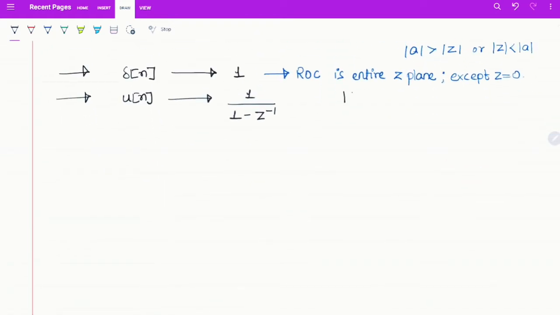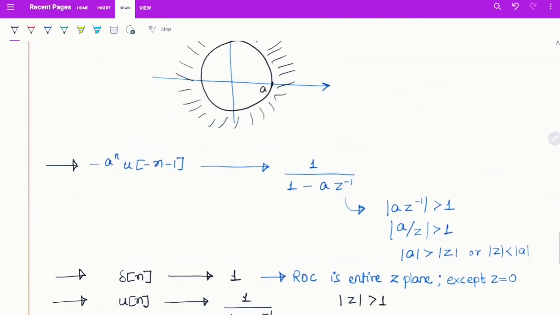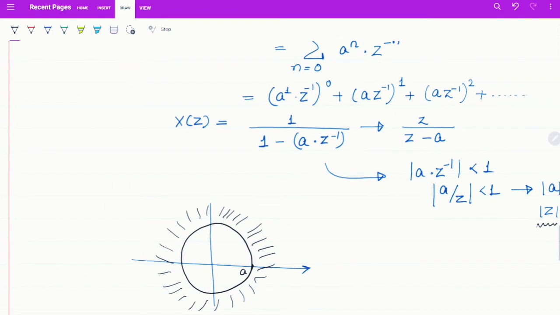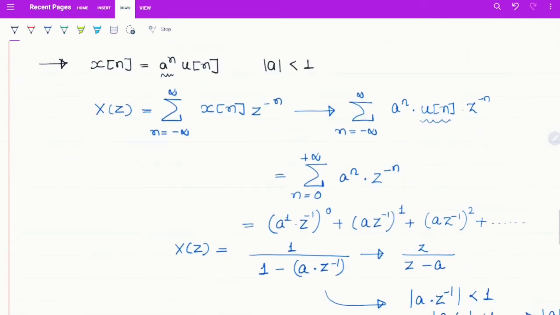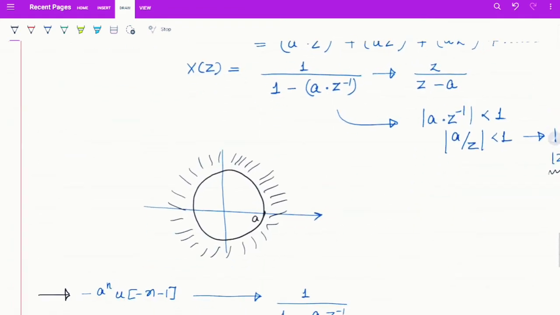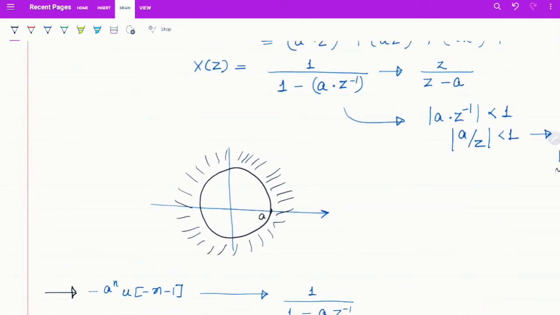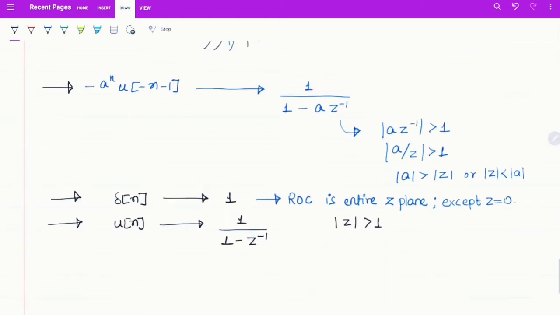Here the region of convergence, that time we got greater than a, so here it should be greater than 1 because we put a equal to 1. So the z transformation of u of n will be 1 by 1 minus z inverse.